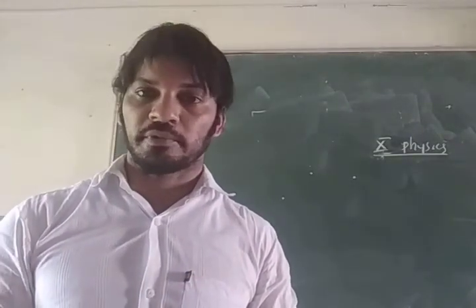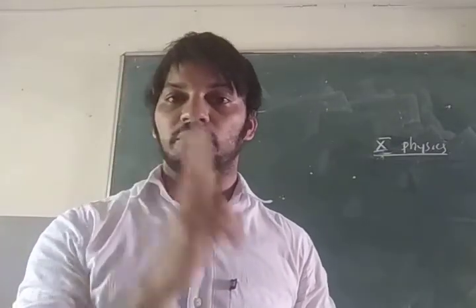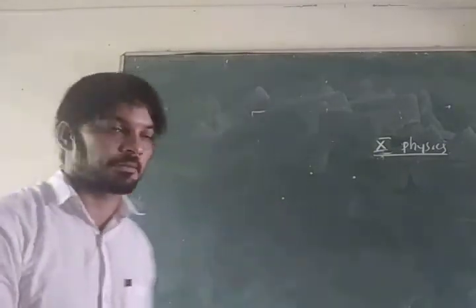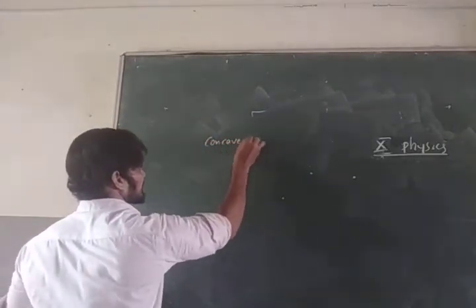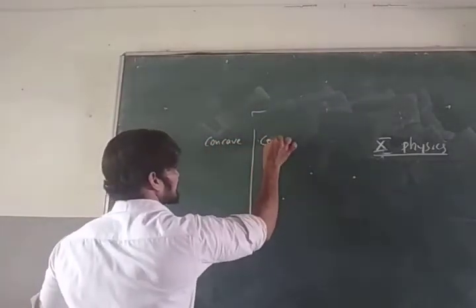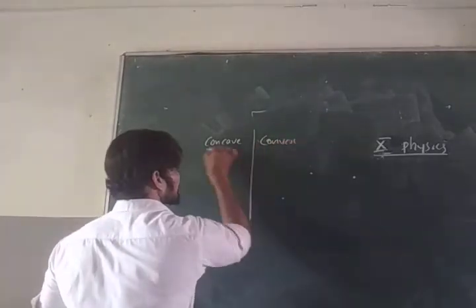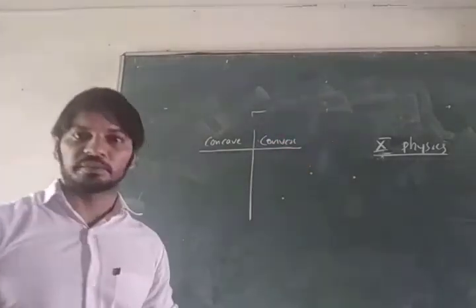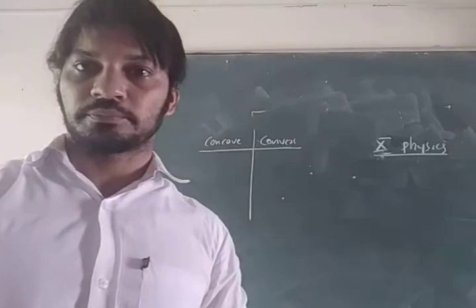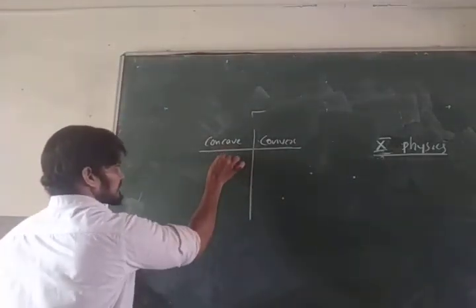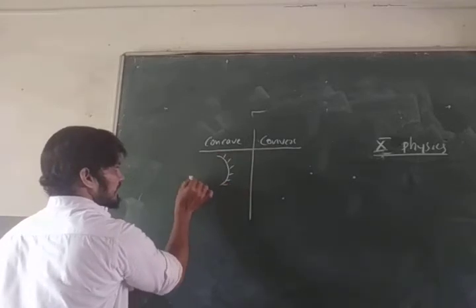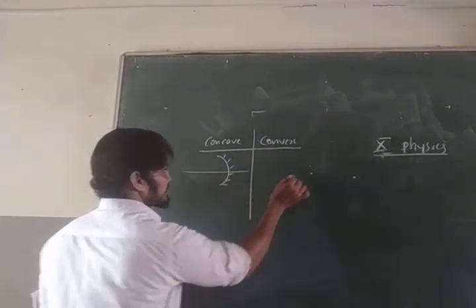First of all, there are two types of spherical mirror. The first one is concave, the second one is convex. In concave it looks like this; this is the shape of the concave mirror, and this is the principal axis.